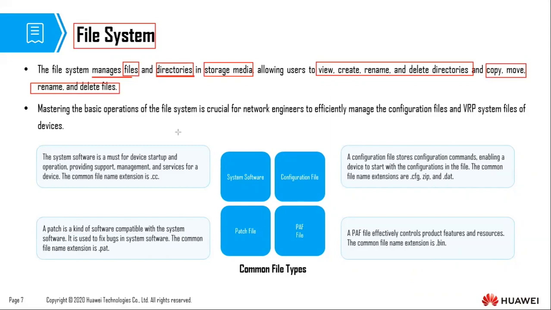Now, there are some files that you must be aware of. Four types of files have been highlighted here. The first one is the system software. As we know, when we learn about types of software, we normally refer to 2 categories.